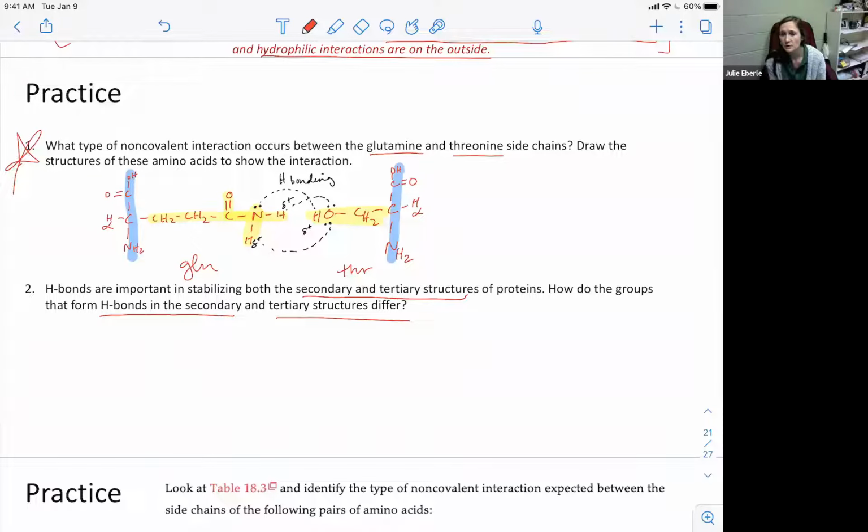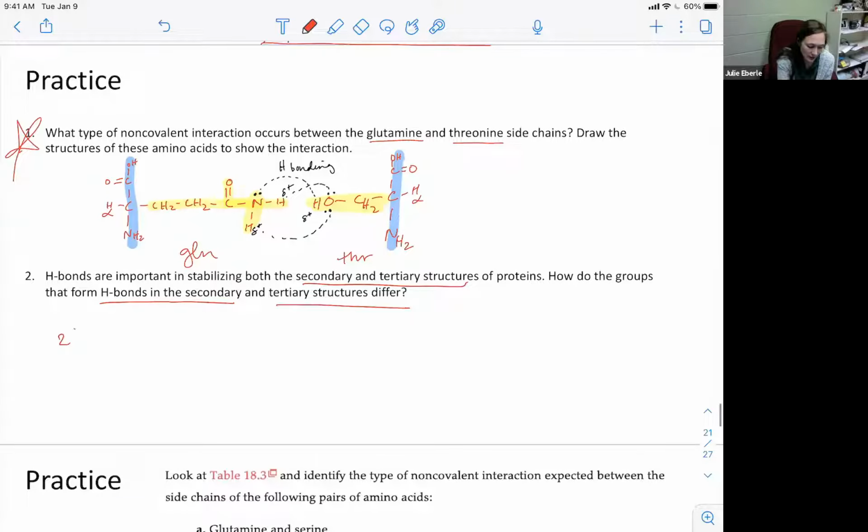Secondary structure, the hydrogen bonds there are only between backbone atoms.